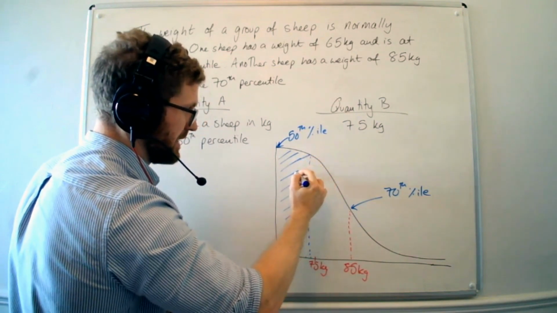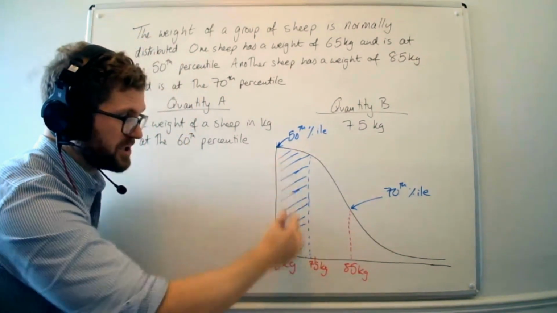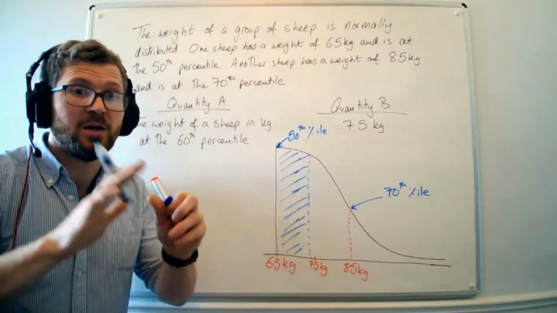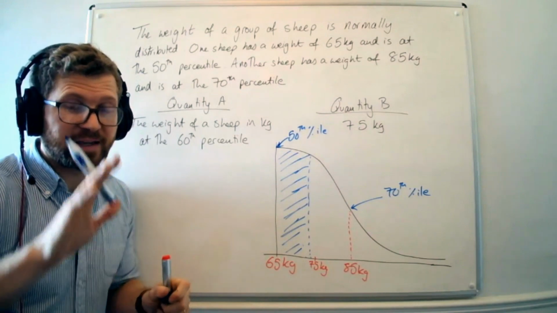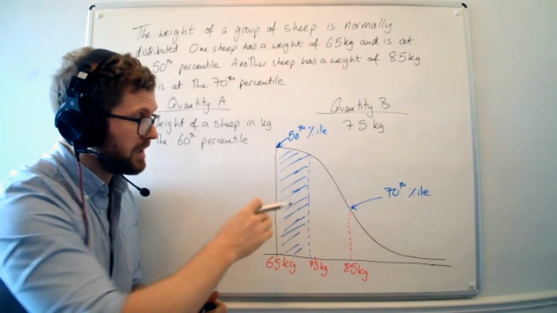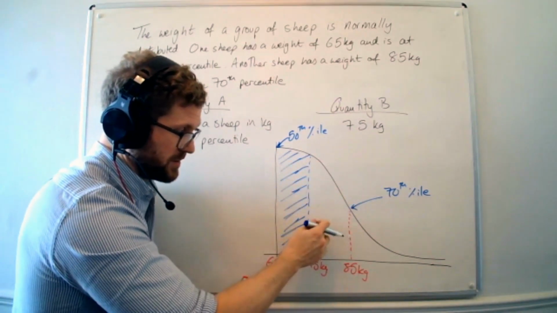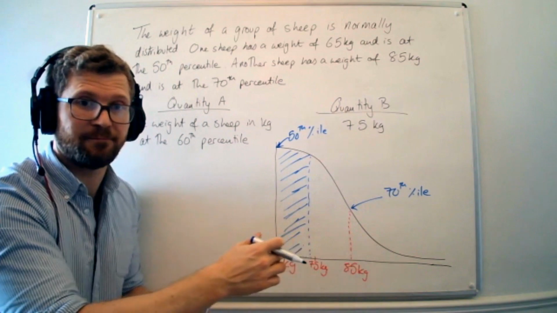But if I put a line in there, then the shaded area to the left should be, and this is what I'm aiming for, I can't be precise about this, but I'm just trying to represent something: is the shaded area the same area as this bit between the blue dashed line and the red dashed line?